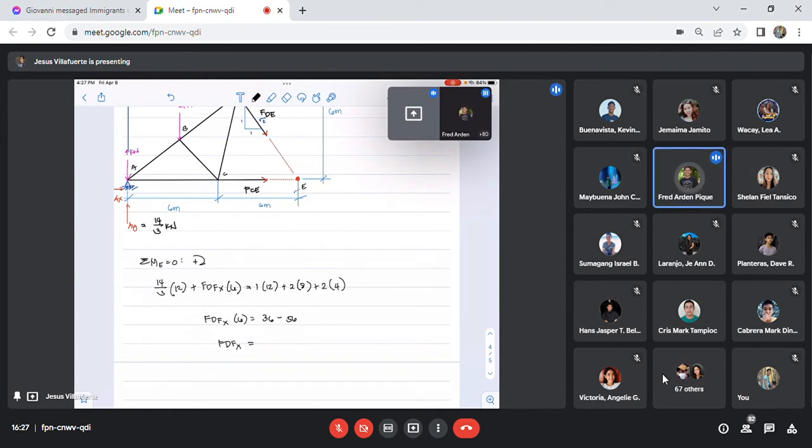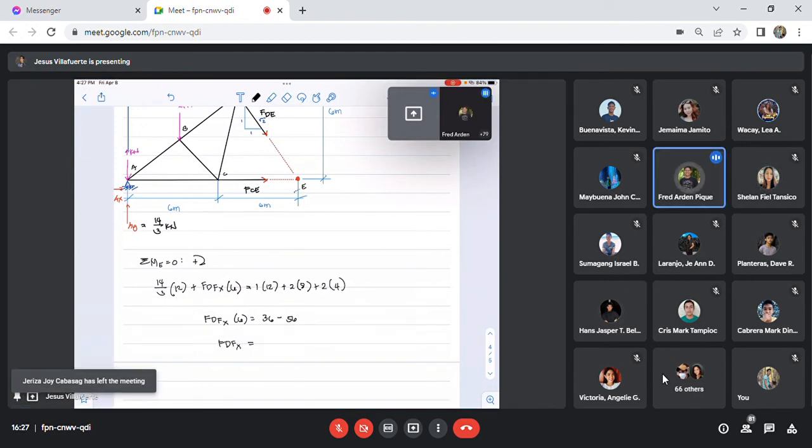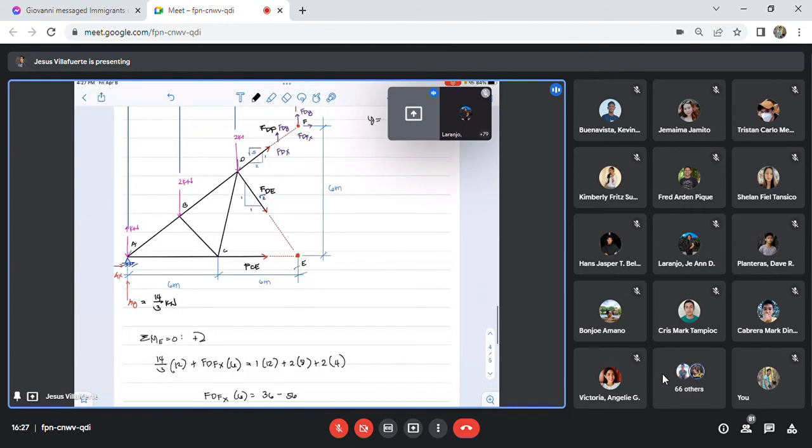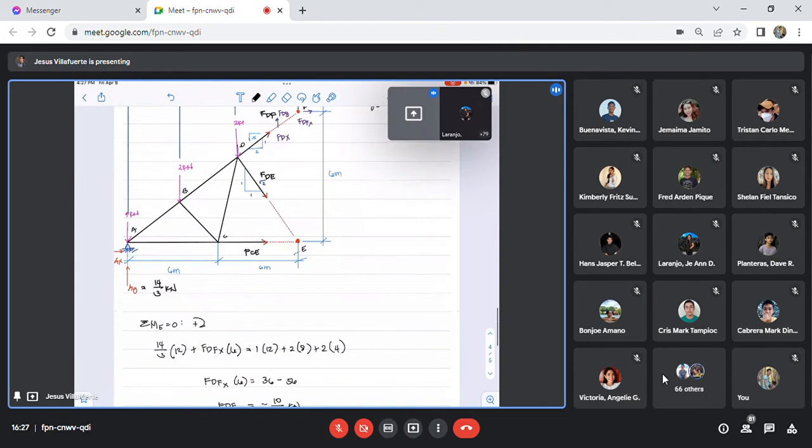Oh wait, it is 56 minus 36 divided by 6. So 10 over 3. So negative 10 over 3 kilonewton. But that is just the horizontal component. We have not yet solved FDF. So what is the horizontal component FDFX?